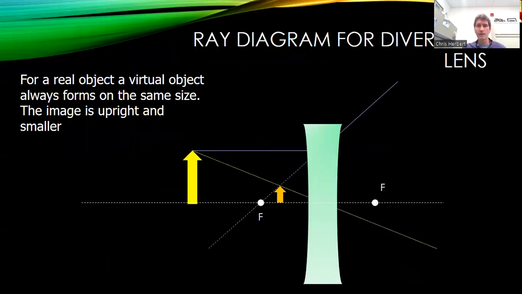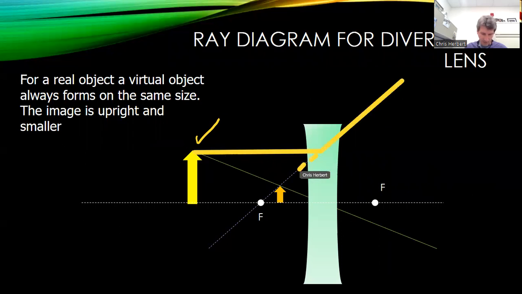So what about the ray diagram for a diverging lens? Well, a diverging lens makes things appear smaller. If this is the object right here, and we draw our different rays, we can see this first ray ends up diverging. If we trace it back, it would have intersected this focus right here. So it agrees with what we have done before.